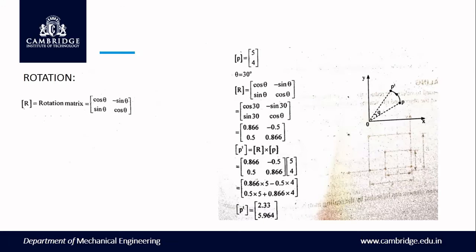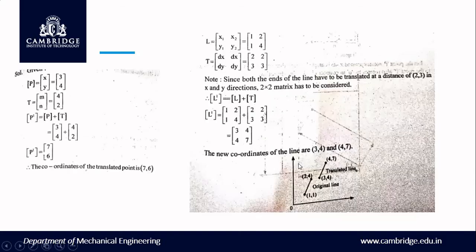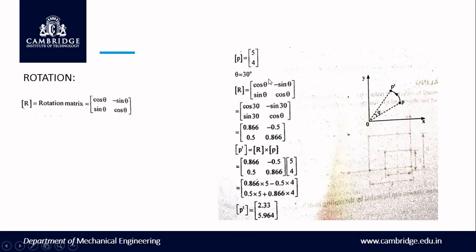Okay, and then here what exactly happens is, this was for a point. For a line, I told you to use the same matrix as in the previous problem. You take the line 1 2 1 4, that is x1 y1 and x2 y2, and then you put it here. Okay, that is 1 1 2 4.